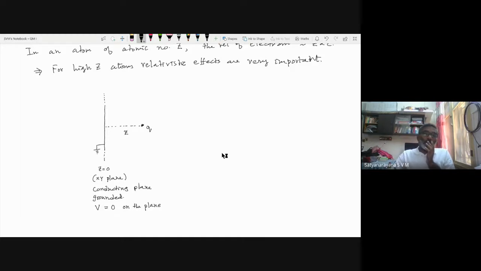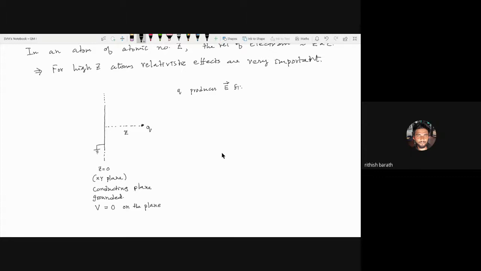Now, this problem is a little bit difficult to solve because physically what happens is, because of the field, Q produces an electric field. So I think, method of images.